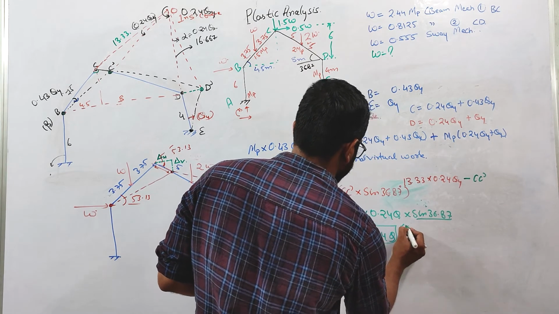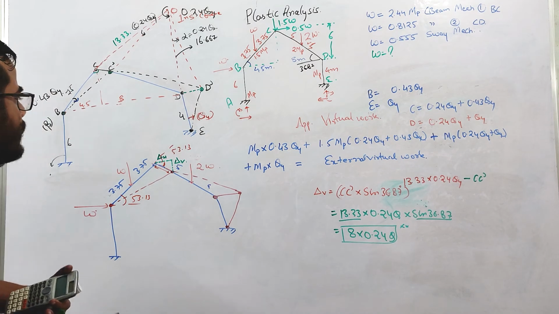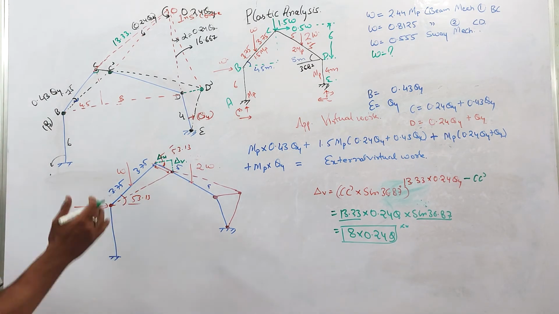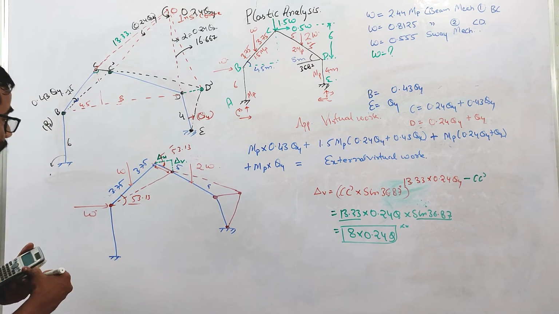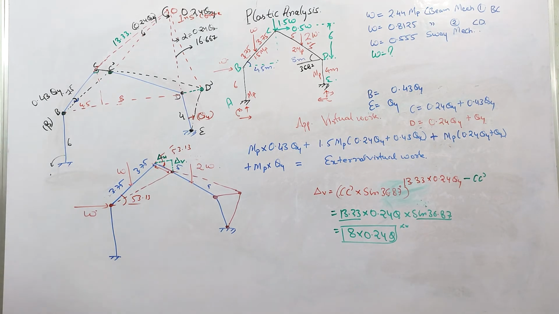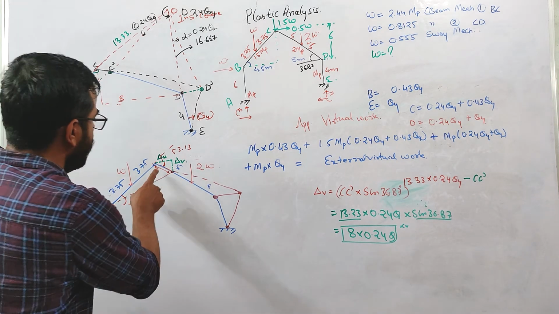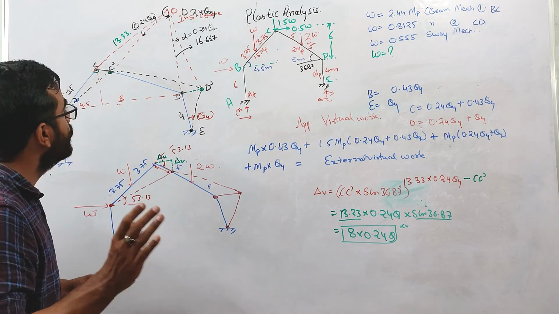Okay, this is very important. Now we can see how easily we can get this expression. Here you can see that when this member is rotating about the center by 0.24 theta amount.